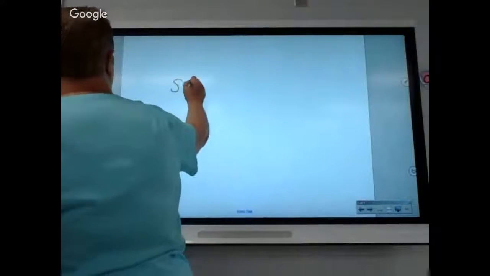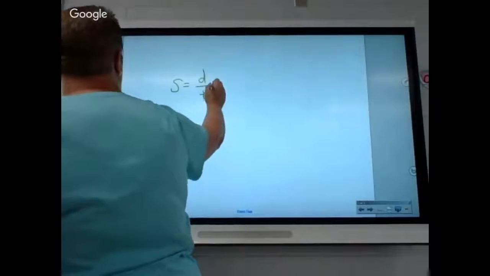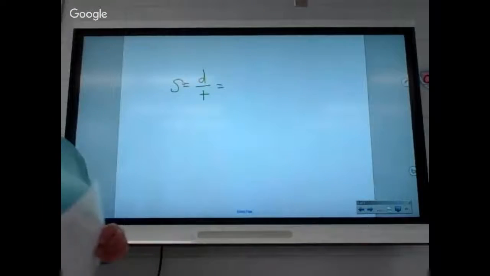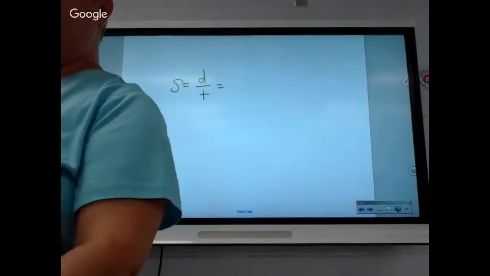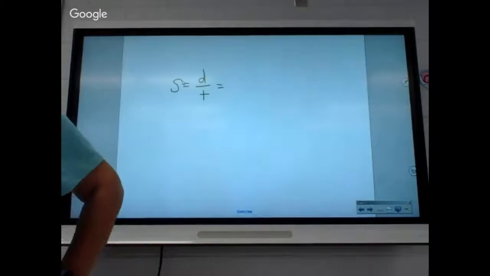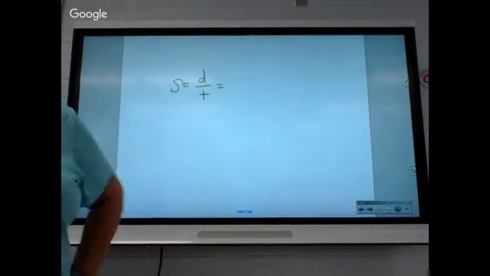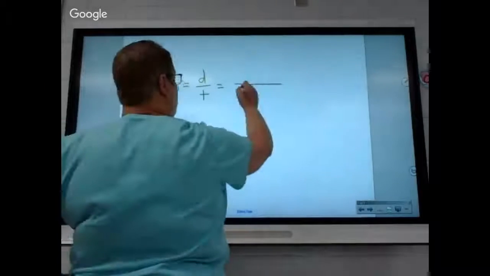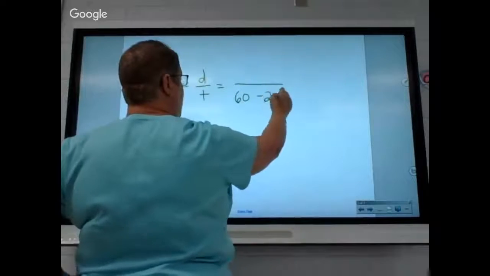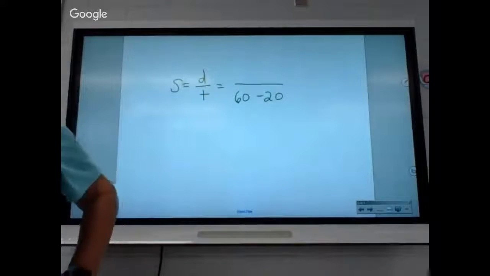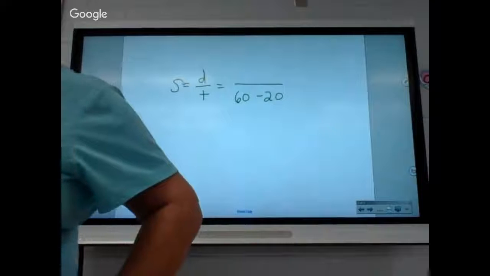So you're finding speed equals distance over time. Now, how many times did I give you in number three? So if you see this on the test Thursday, how many times do you have? 2. What are you going to do with 2 times, Devin? You're going to subtract. So you have 60 minus 20 for time, and 80 minus 50 for distance. Now, 80 minus 50 is not given in the question, so where do you find the 80 and the 50?